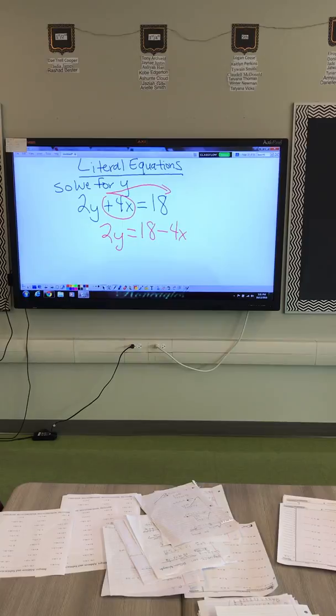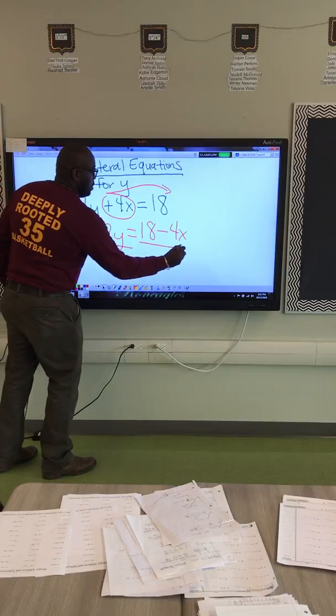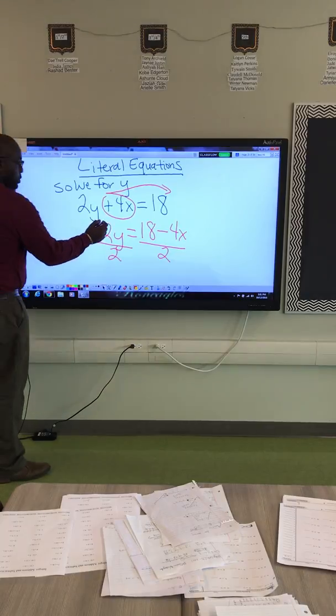What do we have to do to get rid of that 2y? We're going to divide the whole thing by 2. 2 divided by 2 is 1. This goes away.